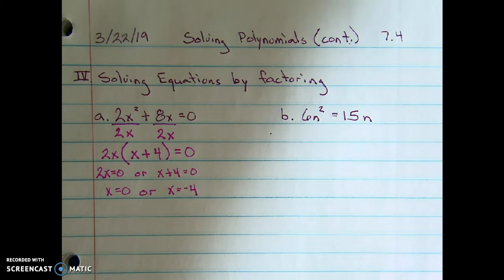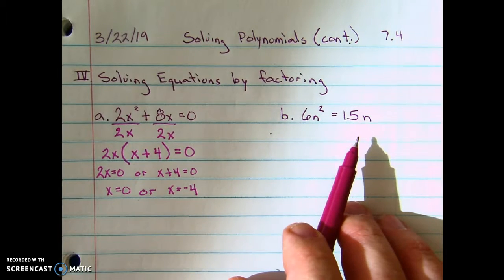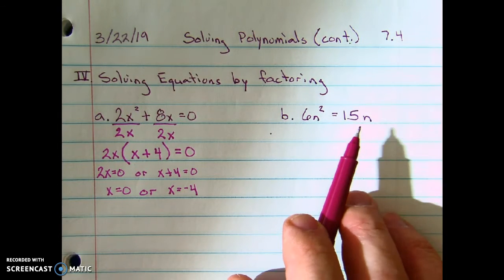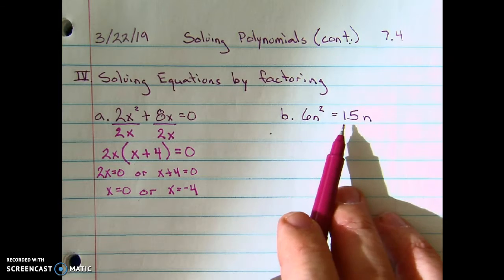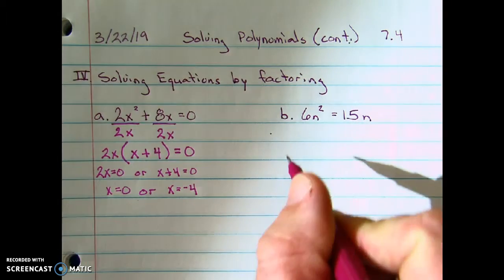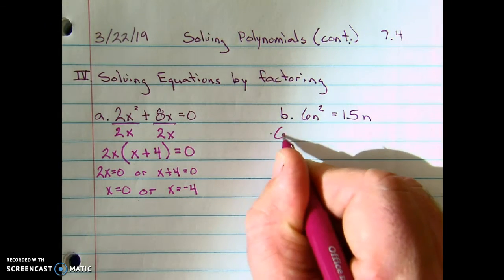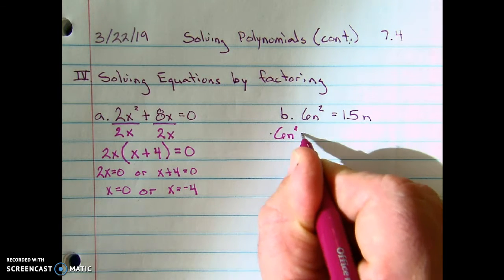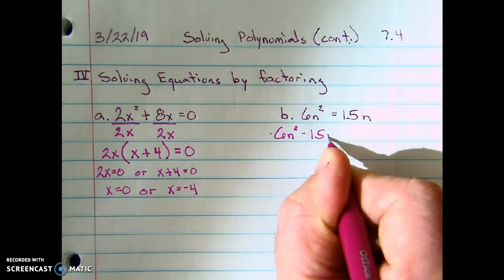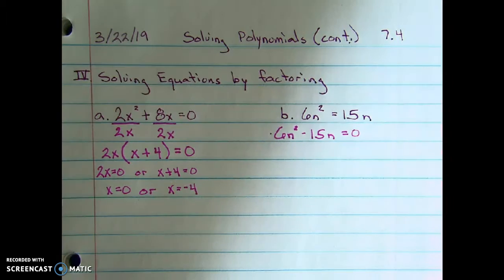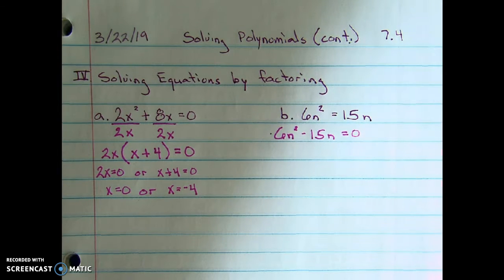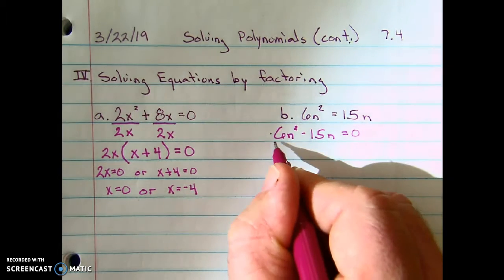All right, looking on the other side, I need to have everything on one side of the equation, and right now that's not happening. So what I'm going to do is I'm going to subtract 15n from both sides. So that's going to give me 6n squared minus 15n, and that's equal to 0. Next, I have to figure out what is the greatest common factor of those two numbers.